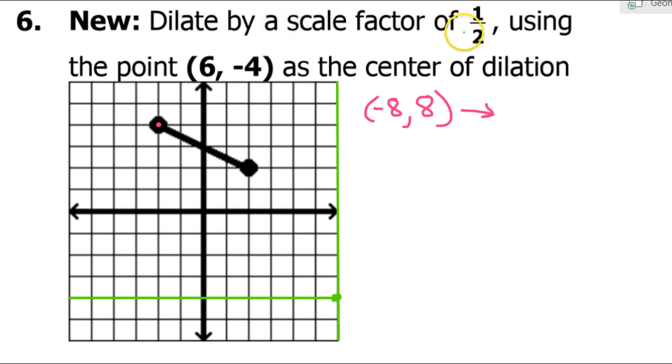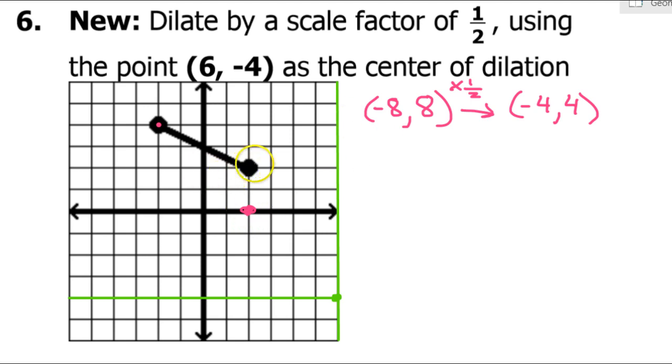Since we're doing a dilation by a scale factor of 1/2, that means we're going to multiply everything by 1/2. So that's going to give us negative 4 and 4. Let's plot this point on our pretend set of axes. Negative 4 comma 4, starting from here, would be right here. So that would be my new point.